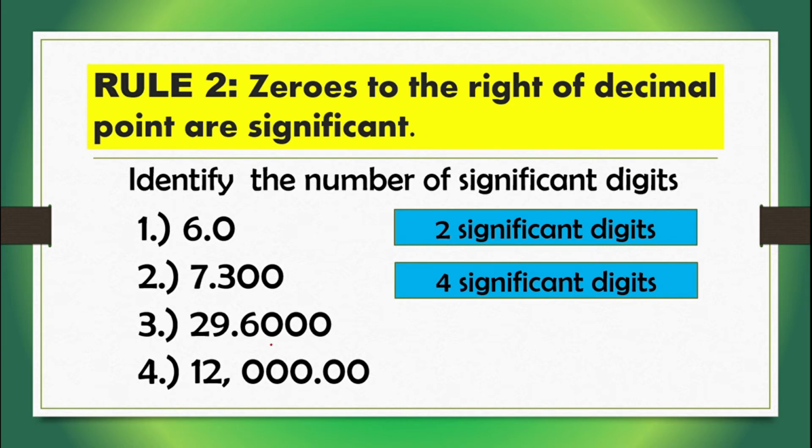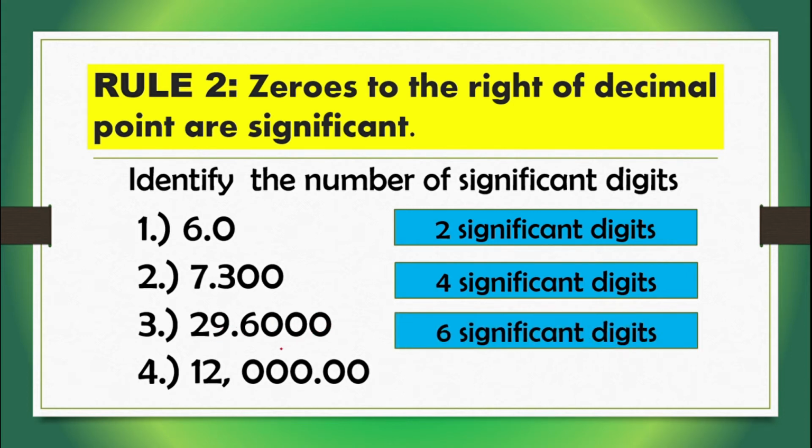Number 3, since these zeros are on the right side of the decimal point, then they are still significant. So, if we count them, we will have 1, 2, 3, 4, 5, 6 significant digits. And for the last one, we have 12,000.00. As you observe, we have here zeros on the left side of the decimal point.